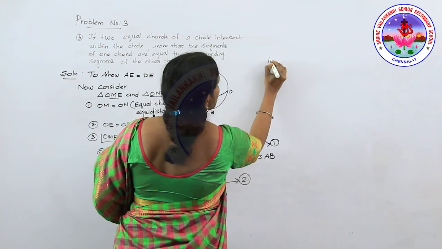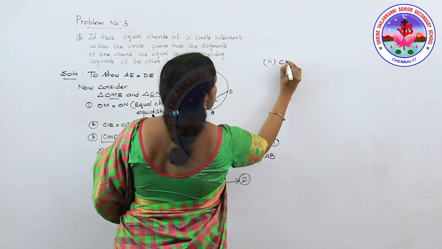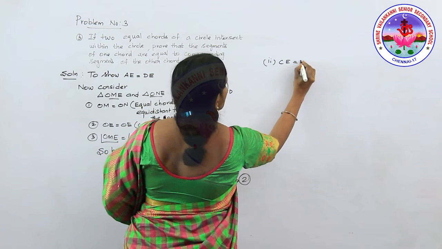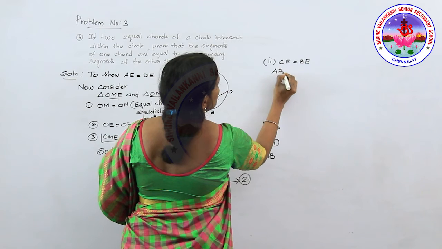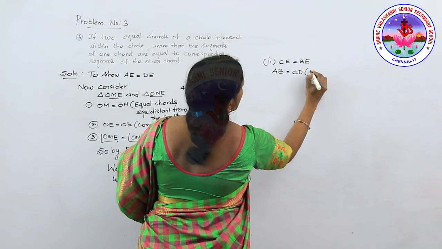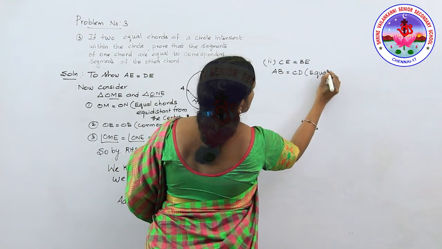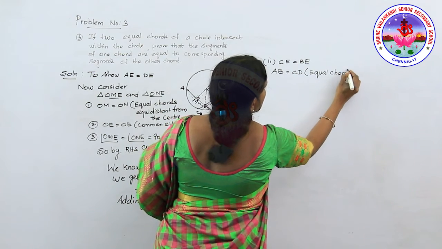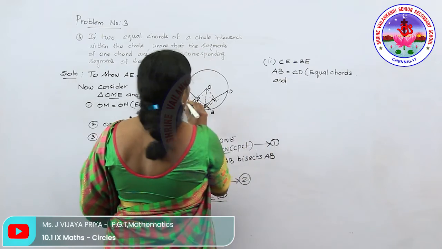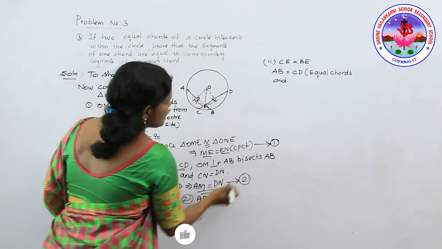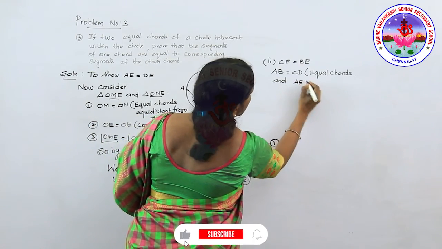So the second case, I want to prove CE is equal to BE. We know that AB is equal to CD, equal chords, and we know that AE we proved already, AE is equal to ED.